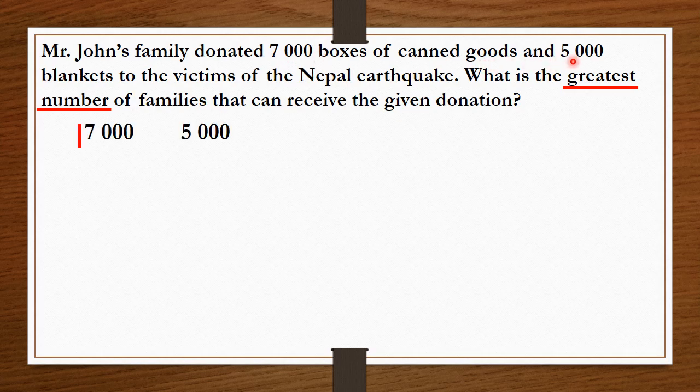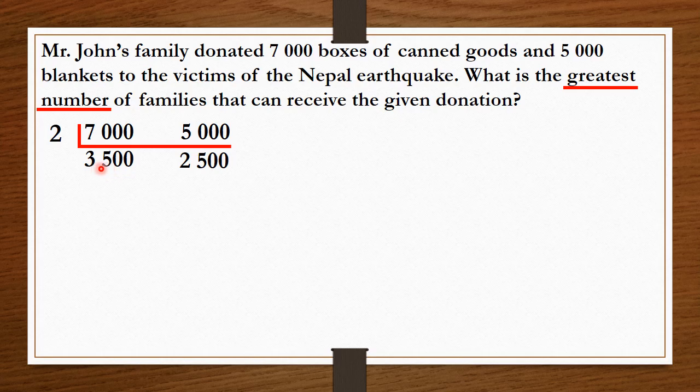By continuous division, 7,000 and 5,000 are divisible by the lowest prime number, 2. So 7,000 divided by 2 is 3,500. 5,000 divided by 2, we have 2,500.